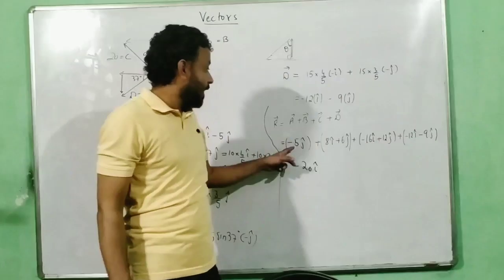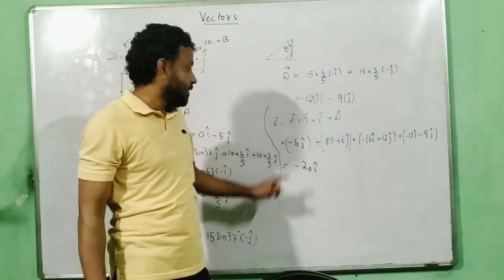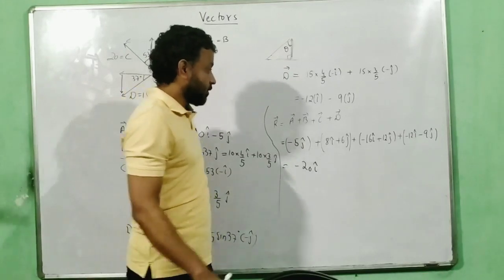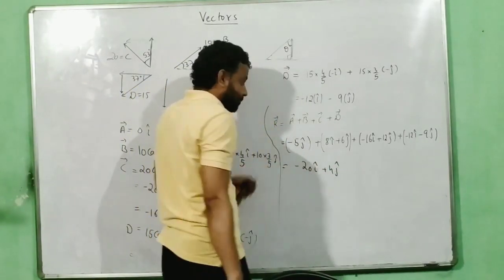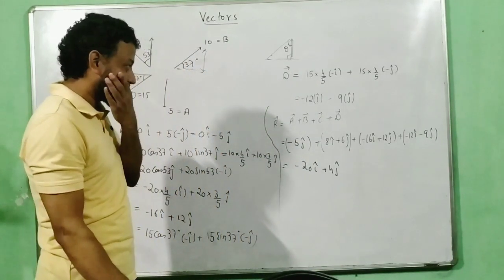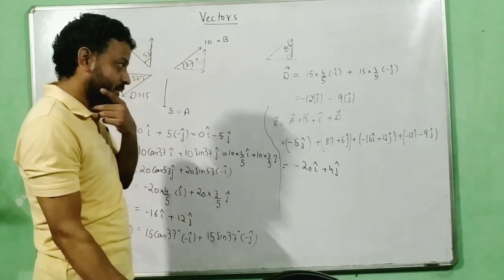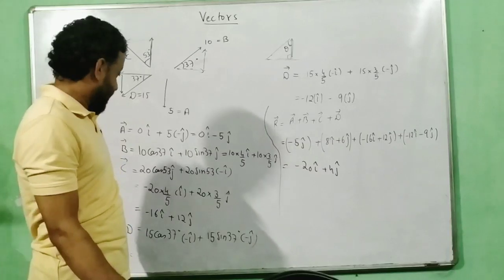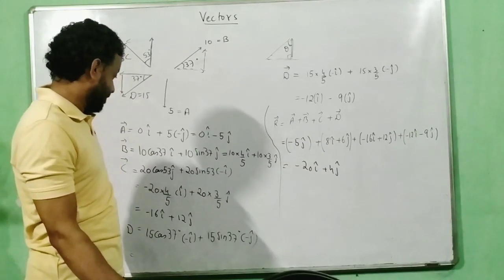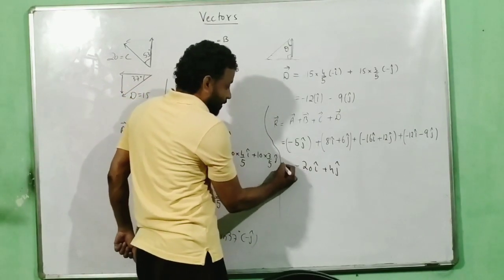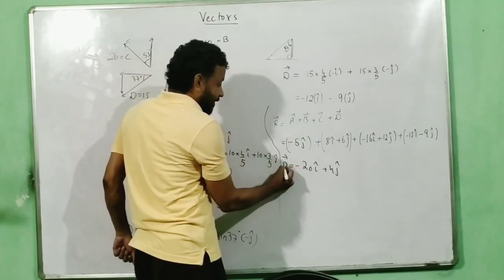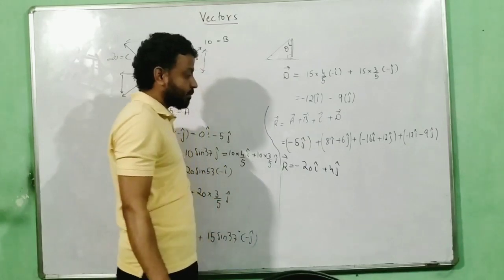And then 9 minus 5 is 4. So you will have plus 4 j cap. Yeah, looks good. So this is my R vector. R vector is equal to minus 20 I cap plus 4 j cap.